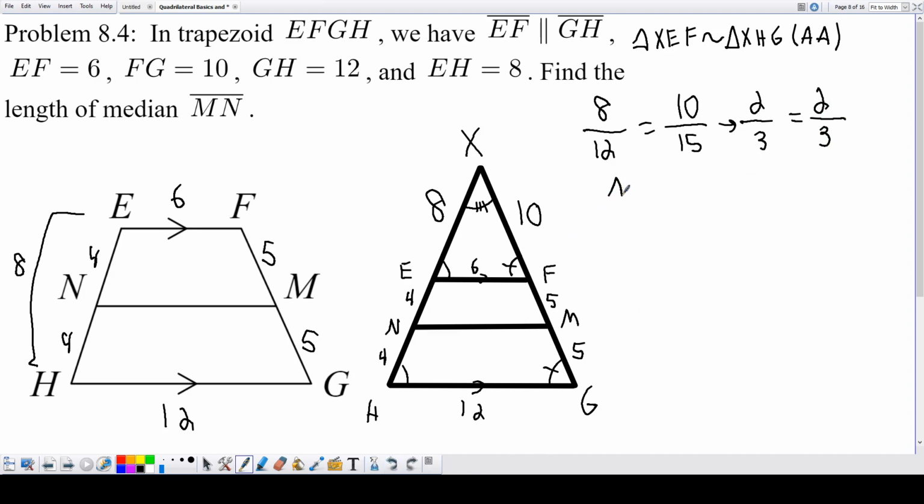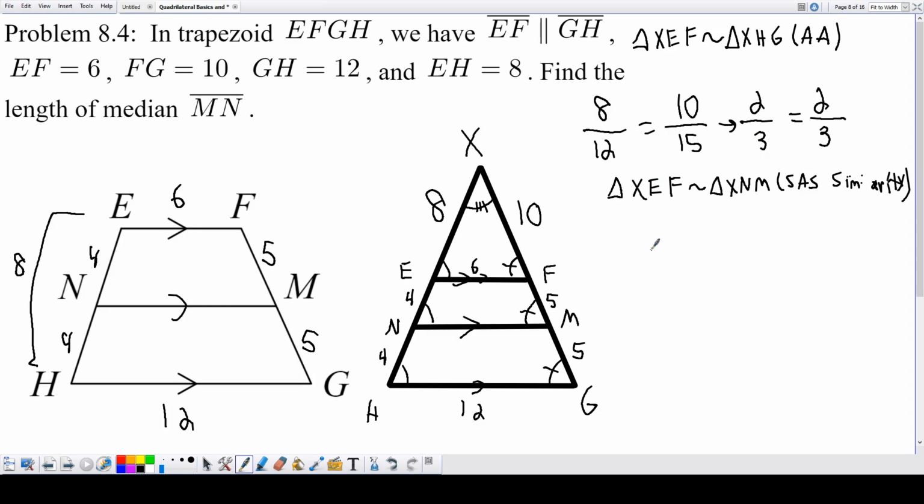So then that means that triangle XEF is similar to triangle XNM by side angle side. Now that tells us that the corresponding angles are congruent, which means that the sides are all parallel with each other. So NM is parallel to EF and HG, which means that I can now solve for NM.